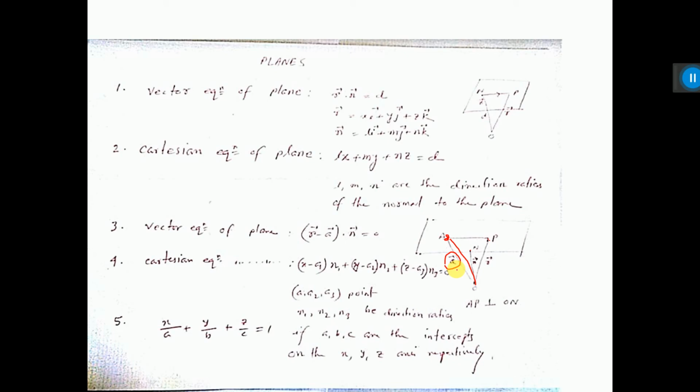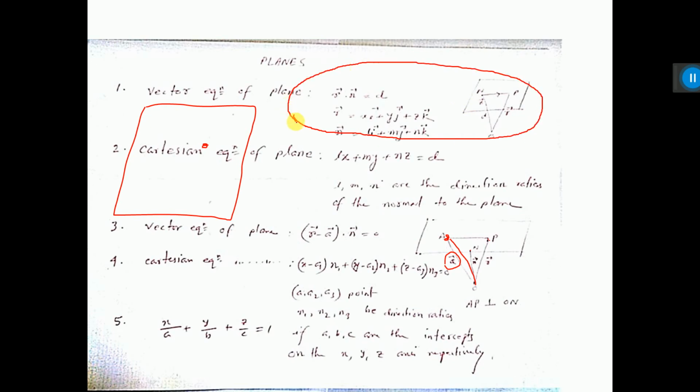So the vector equation of a plane where one point is given, I mean its position vector is given. Here the equation of a plane we are considering is passing through a particular point. Earlier we wrote any equation of plane, but here it is a restriction.